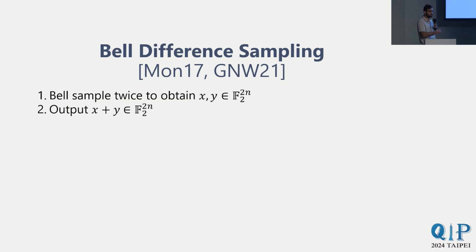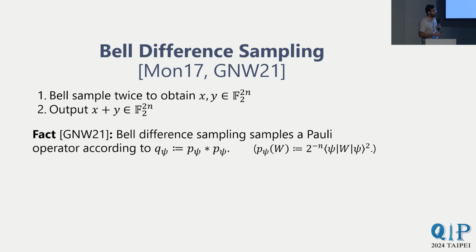Again, this output is a length 2n string, and so we interpret it as an n-qubit Pauli operator. Gross, Nezami, and Walter showed a really cool fact: if you Bell difference sample any quantum state, you're drawing a Pauli operator from an easy-to-write-down distribution. It's this distribution q-psi, which is the convolution of p-psi with itself.